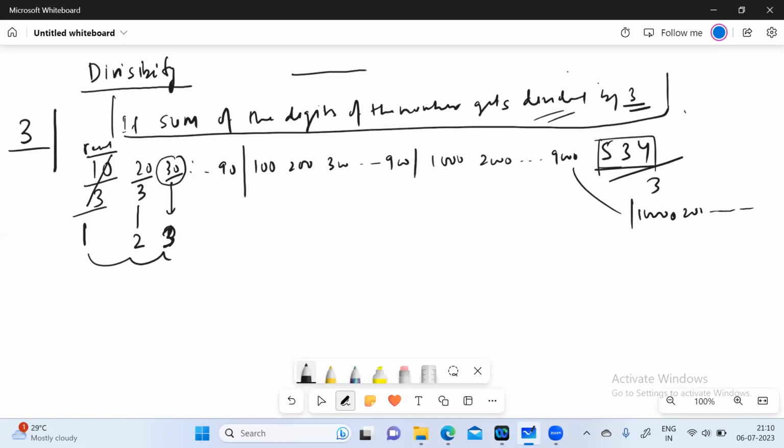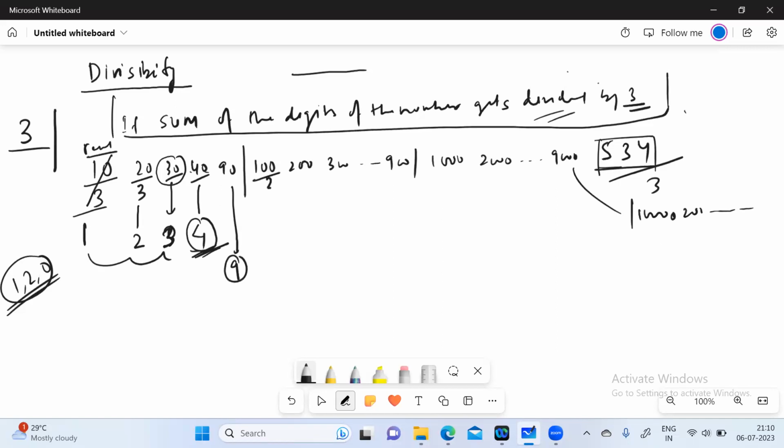So if 40 gets divided by 3, I'll say the remainder is 4. Just for the sake of making a formula, a trick for divisibility, I kept this remainder, because this is not the remainder when something gets divided by 3. The remainder can only be 1, 2 or 0. But we kept this, and similarly, when 90 gets divided by 3, we'll keep remainder as 9.